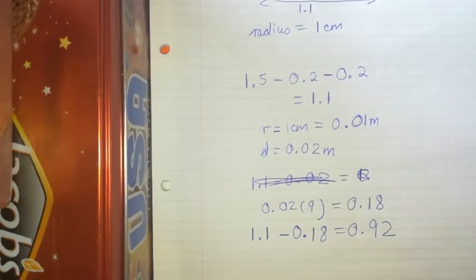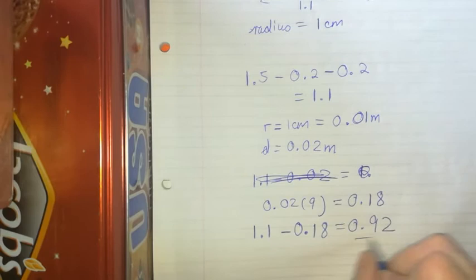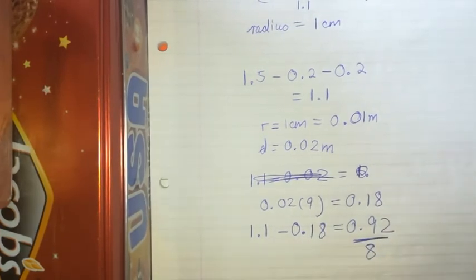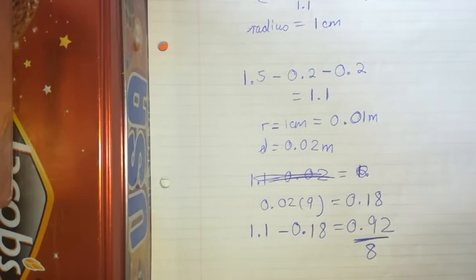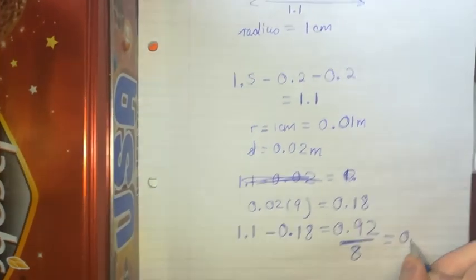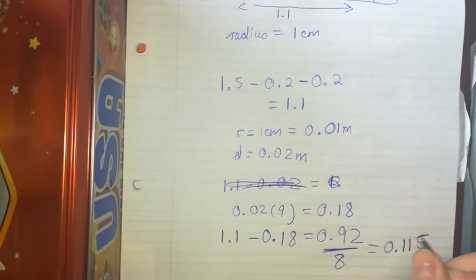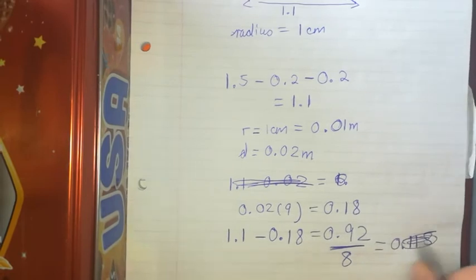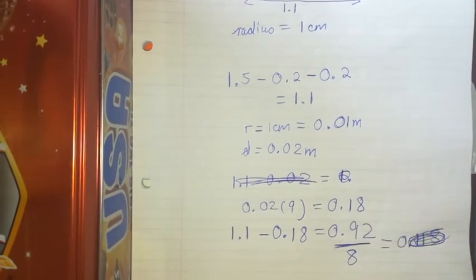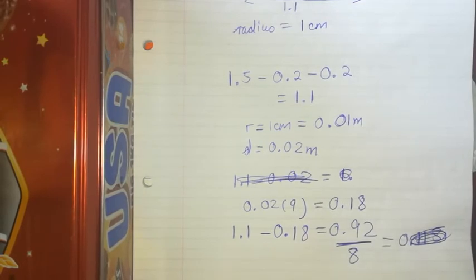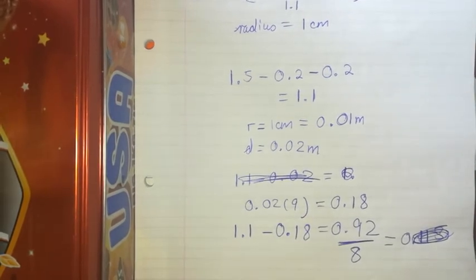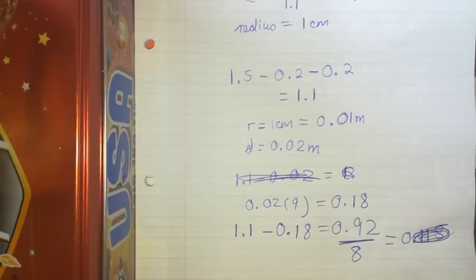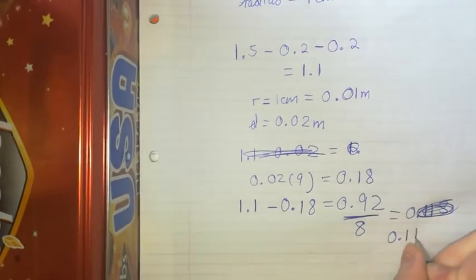So I have to divide this by 8 to get the size of one gap. 0.92 divided by 8, and then I get 0.115.